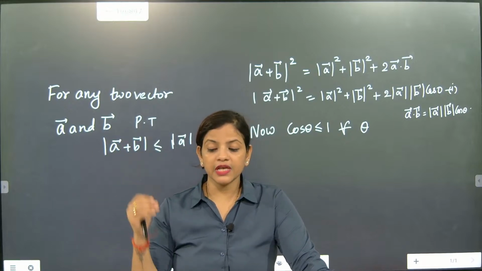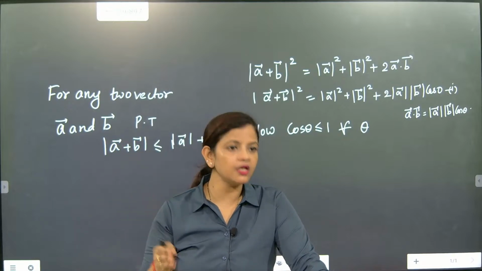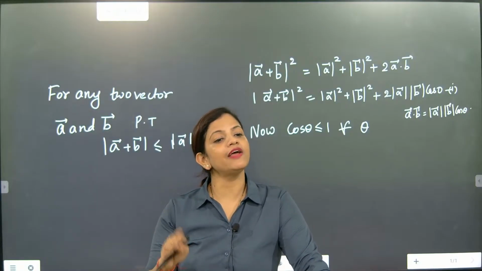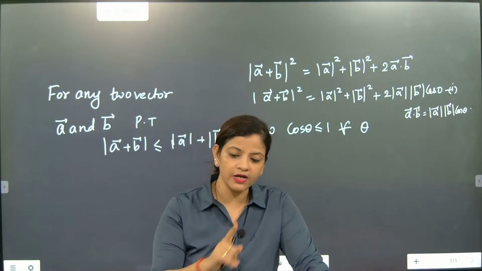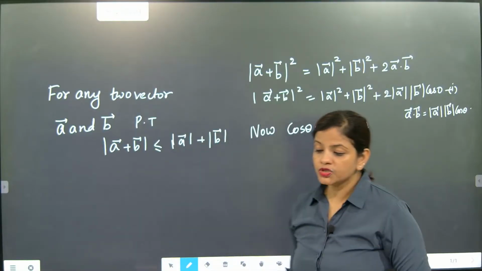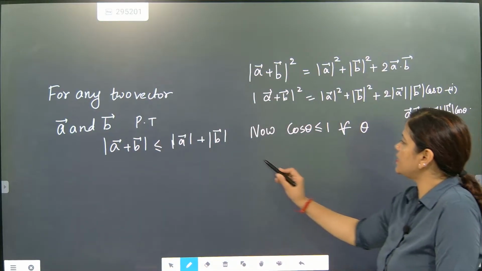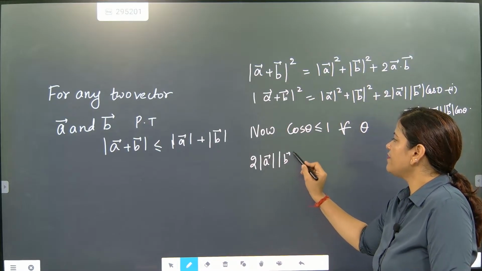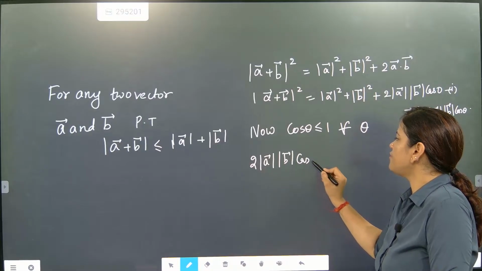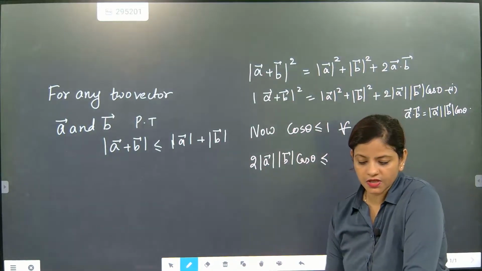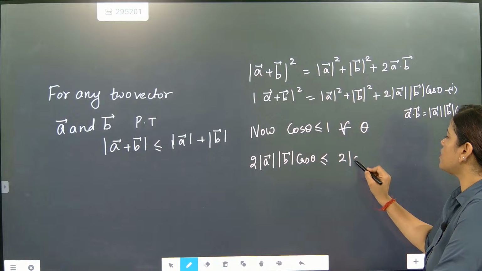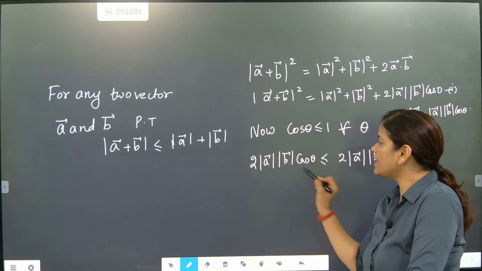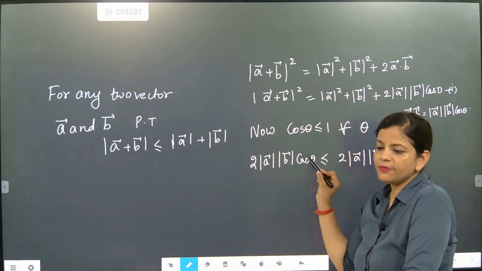Note down, cos theta maximum value is coming as 1. So that means we can assume that this will be less than or equal to 2 times modulus of A and B, because here the value can be less than 1.